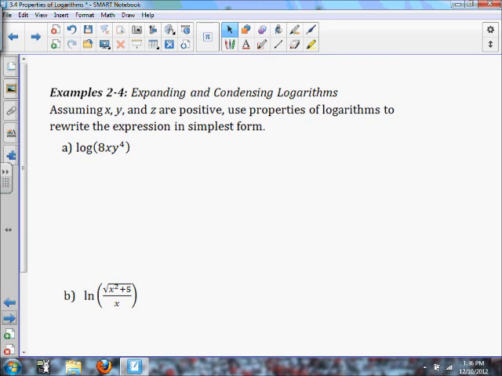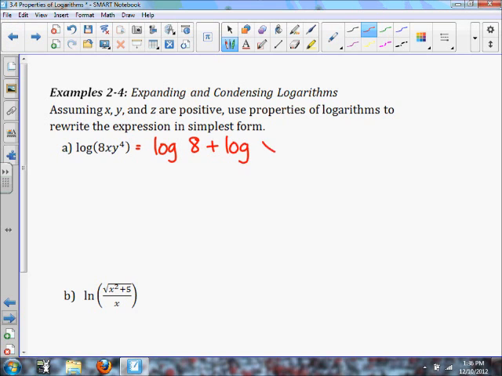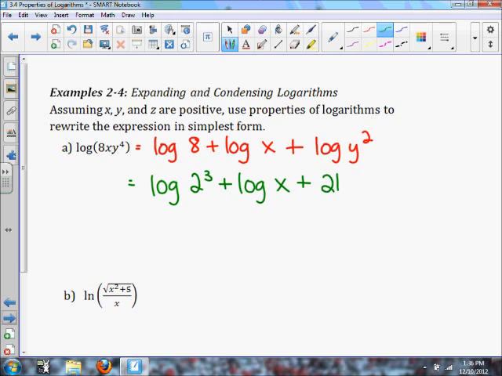So example 2. What we'd have here, we can simplify this to log of 8 plus log of x plus log of y squared. Now we're going to keep going on this and simplifying. 8 can be written as 2 to the third power. Log of x can't change. And we can change log of y squared to 4 log of y.